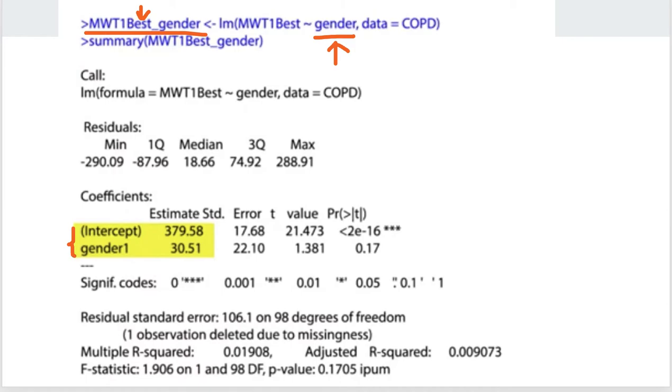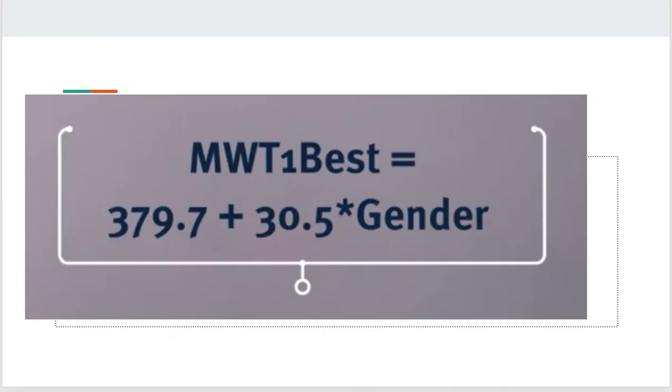Based on the coefficients, we can build our model. That is, the walking distance equals the alpha, which is 379.7, plus the beta, which is 30.5, times gender.